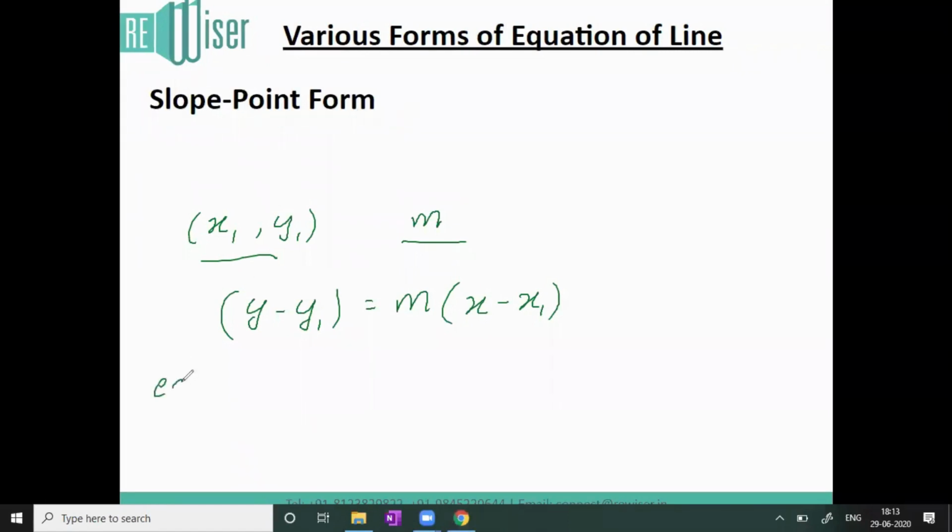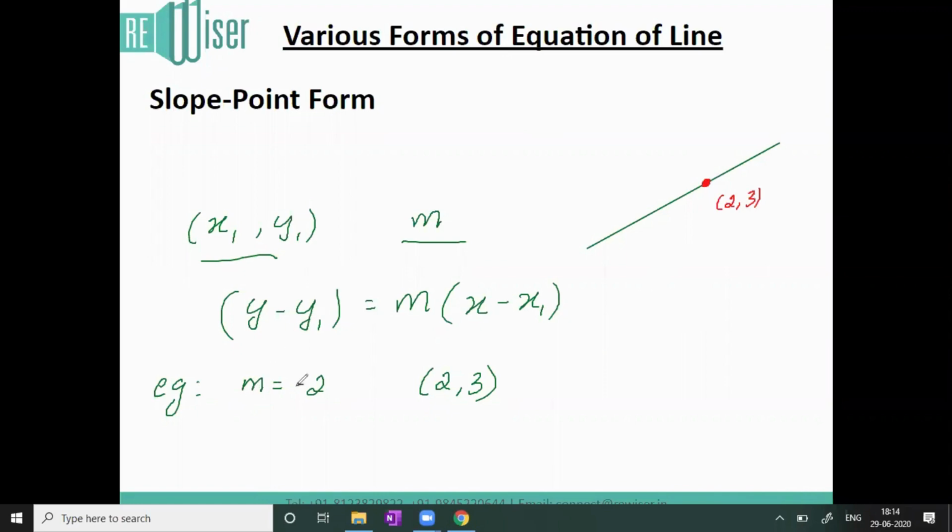For example, if they give you the slope of a line as -2 and the line is passing through the point 2, 3. What do you mean by the line passing through the point? It means that if I have a straight line on my xy plane, there is some point on the straight line. Let's say this point is 2, 3. This is what they have mentioned.